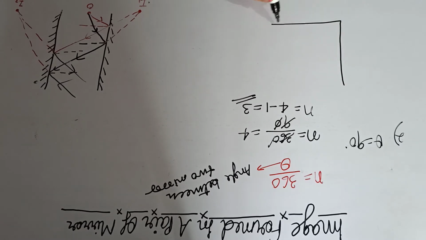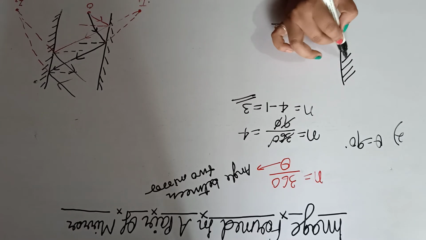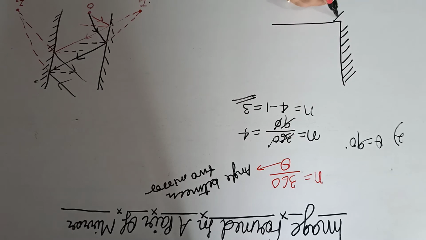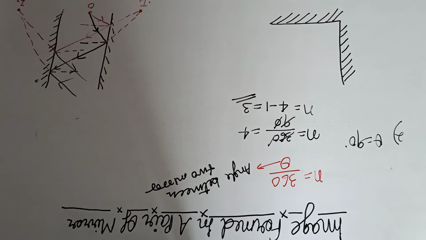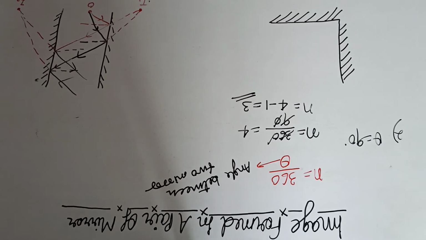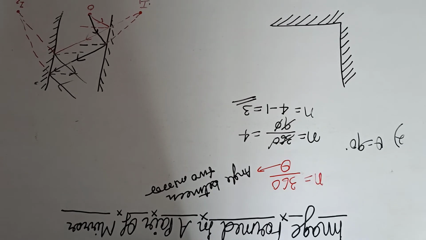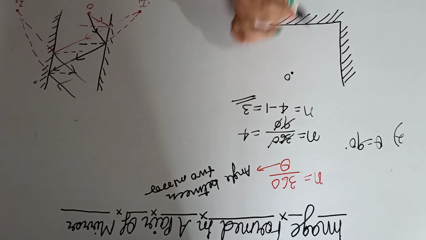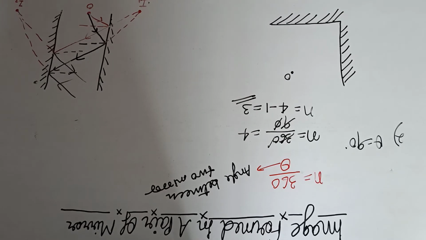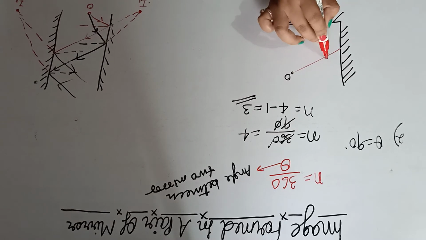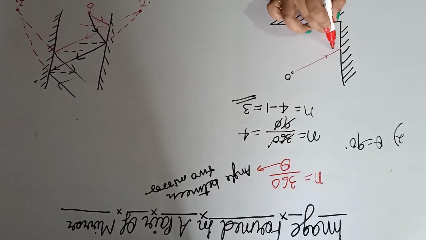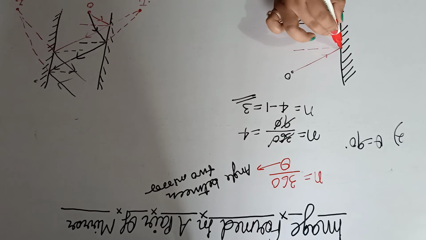This is the first mirror, this is the second. These are the two plane mirrors inclined at a 90 degree angle. This is the object O. Let's draw the ray diagram. This is the incident ray. We cannot draw the reflected ray without drawing the normal.